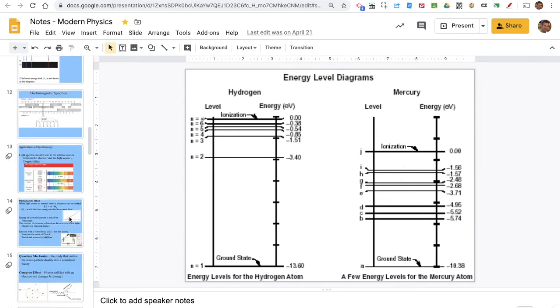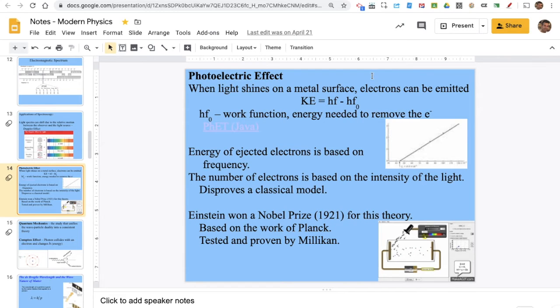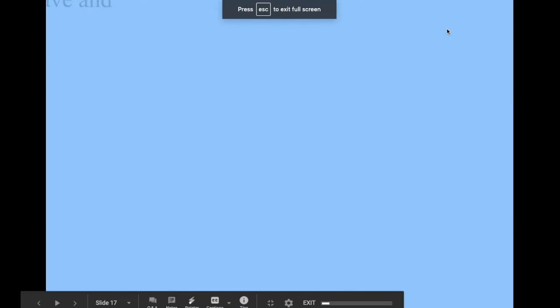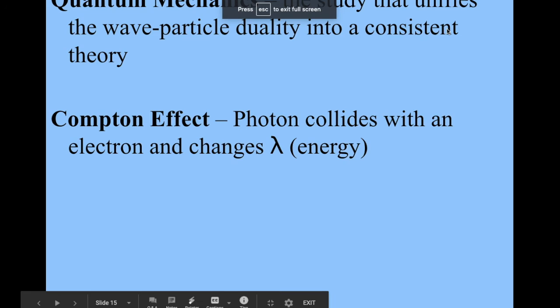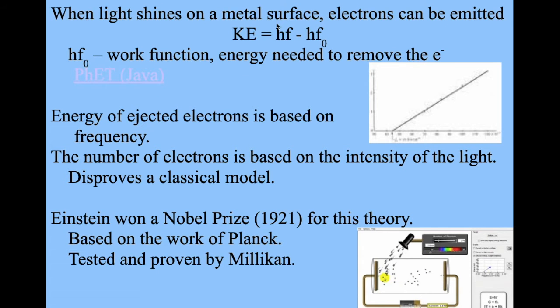Taking that back to this equation, if this was 15, that's the amount of energy that came in, and it took 13.6 to ionize it, then the leftover would be 1.4. So again, that work function is also known as the ionization energy. It's the energy needed to eject the electrons.